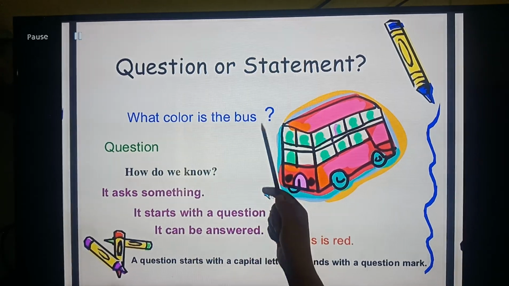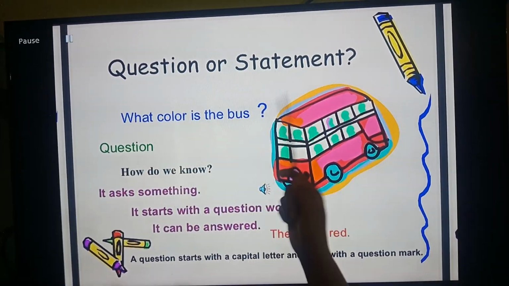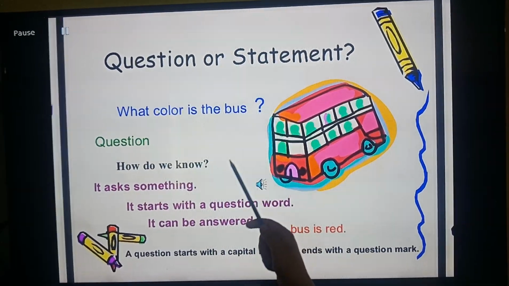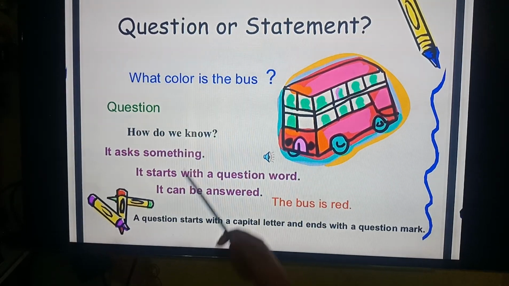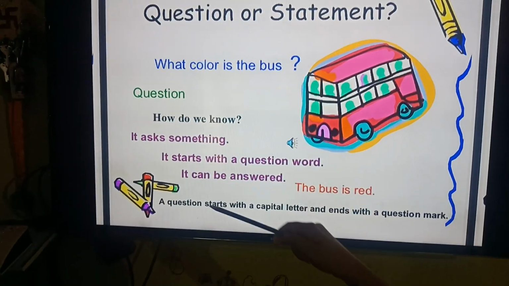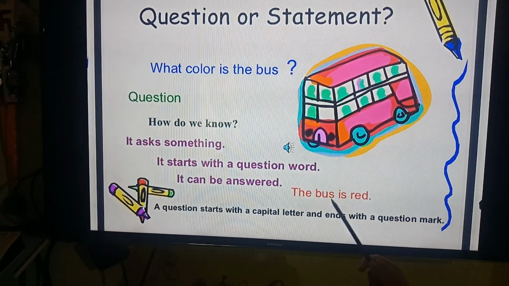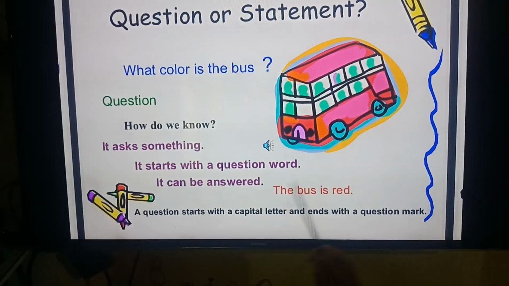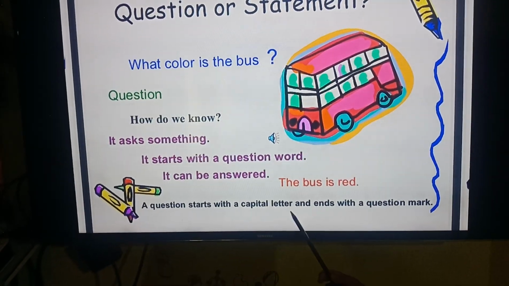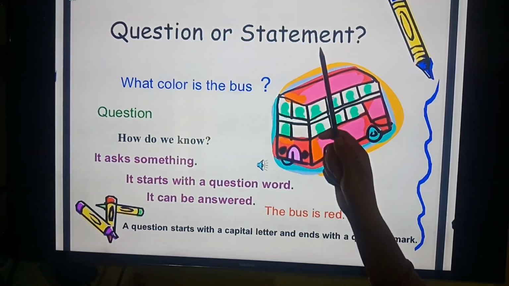This is not a statement because, children, it is asking something. It also starts with the question word what. It can be answered also. What color is the bus? The bus is red. As we know, children, a question starts with a capital letter and ends with a question mark.